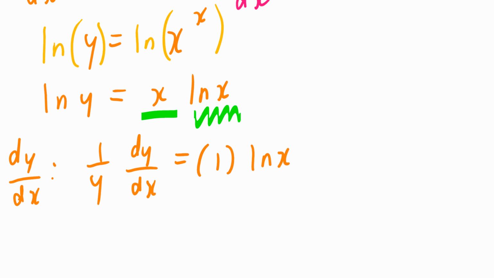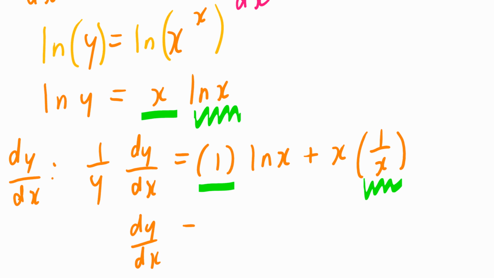Step 2, copy the second part, plus copy the first part, times the derivative of the second part, which is going to be 1 divided by x. So 1 divided by x is the derivative of ln x, and 1 is the derivative of x. dy by dx equals, you can multiply both sides by y.